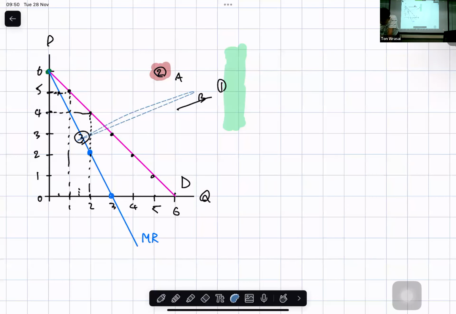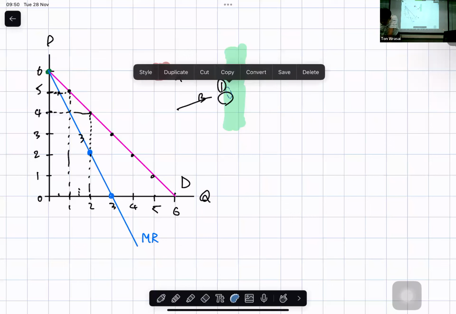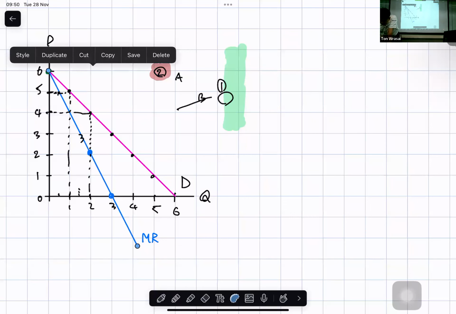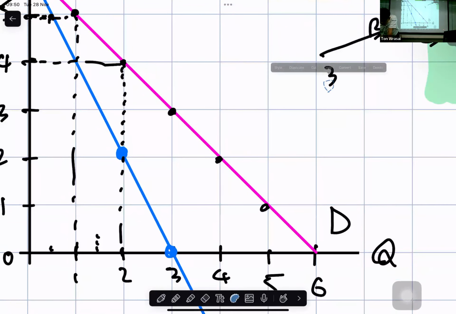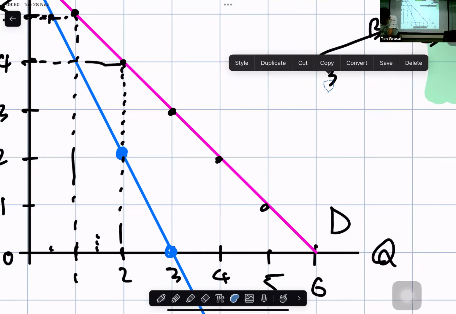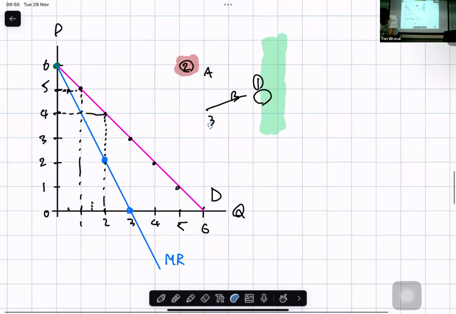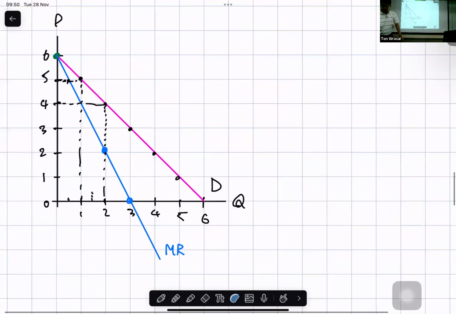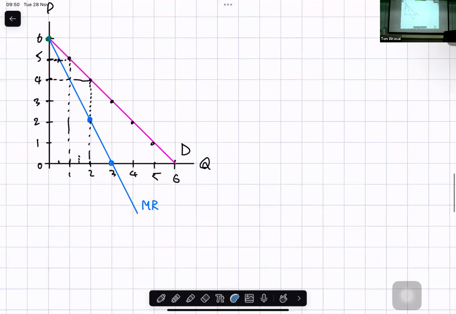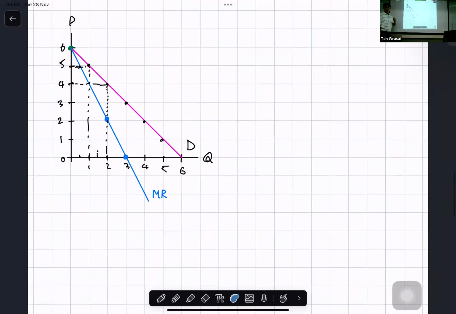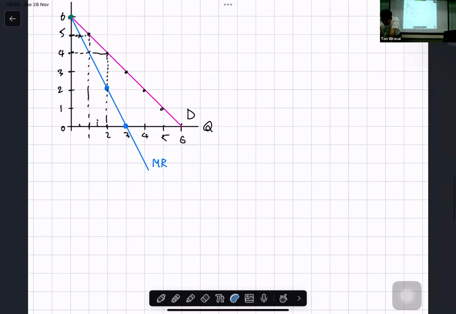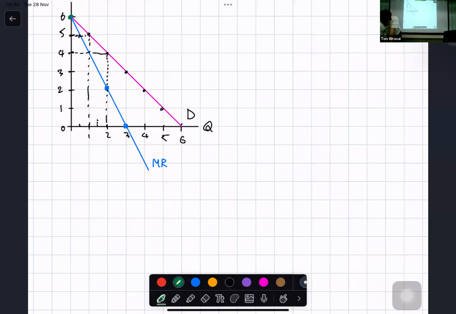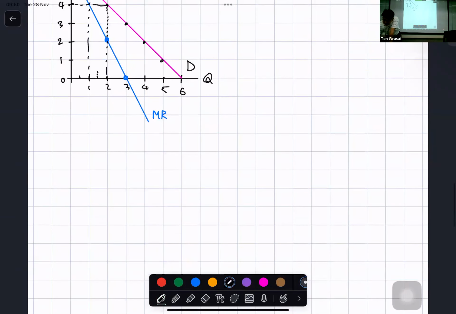This picture comes. What we want to do next is this. We want to plot the TR curve, but in another picture downward here.